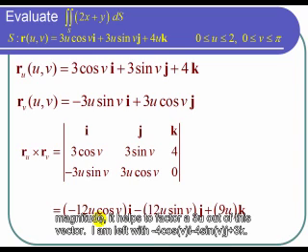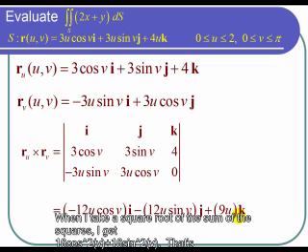And to find that magnitude, it helps to factor out a 3u out of this vector. And what I'm left with is negative 4 cosine v i minus 4 sine v j plus 3k.